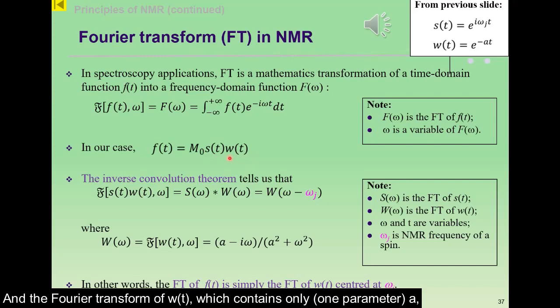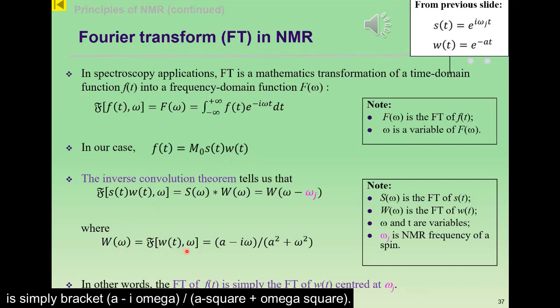And the Fourier transform of W(t), which contains only a, is simply (a minus i omega) divided by (a squared plus omega squared).